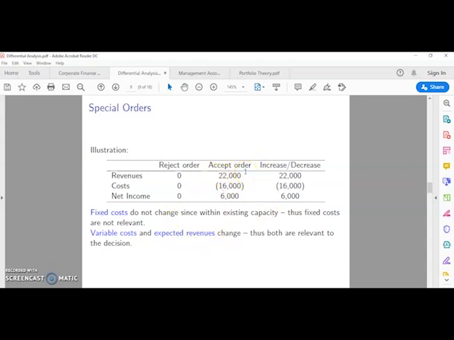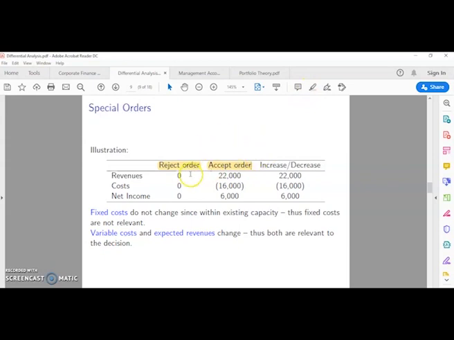So the first thing that you should do in such cases, you have to calculate the revenue, the cost, and net income, which is our concern at the end for the decision, for two scenarios. One scenario is rejecting the order, and the second scenario is accepting the order.